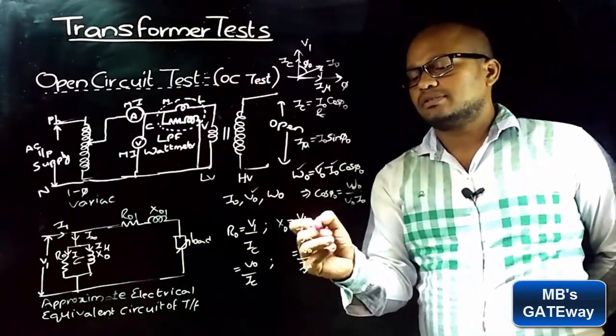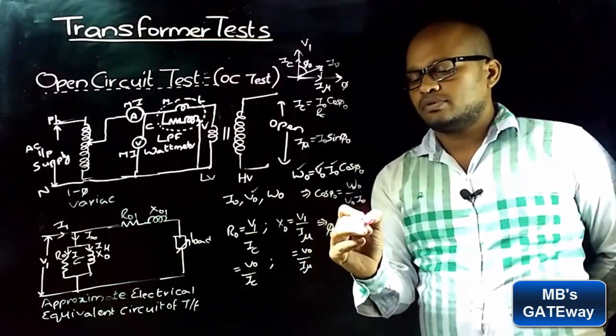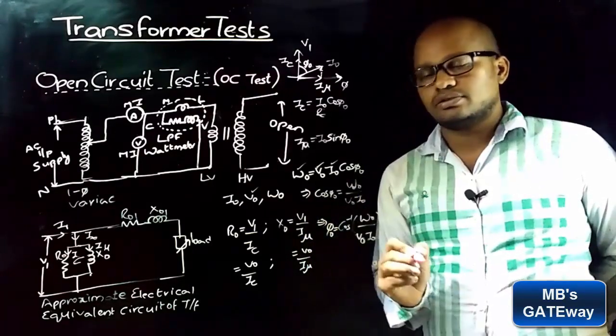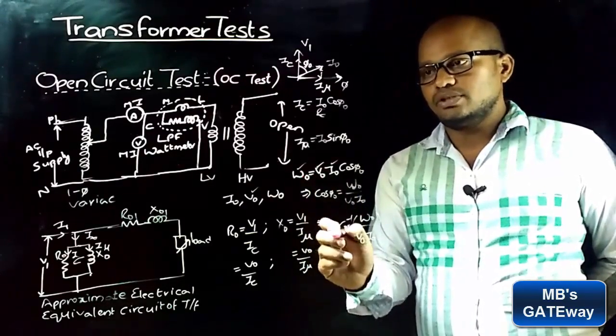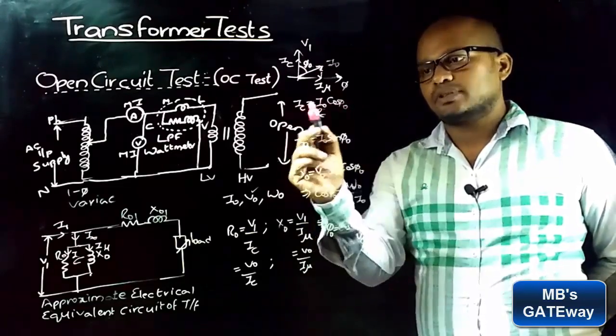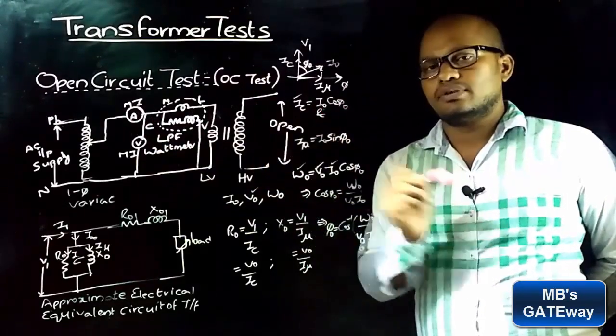That implies phi naught is equal to cos inverse of W naught by V naught into I naught. Therefore, as phi naught is found, place this phi naught in this. Therefore, the power factor is known, and I naught is known from the ammeter reading, which gives you IC.